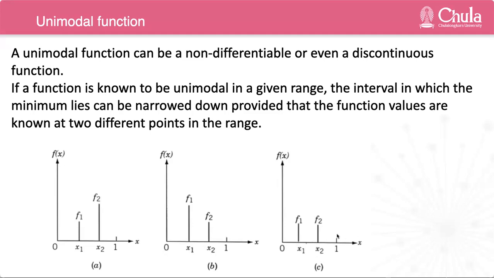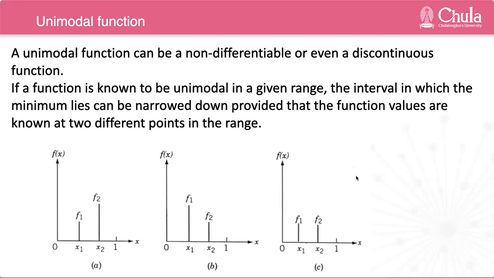From 0 to x1 and x2 to 1, right? Okay, so you see that if we have information that the area of interest is unimodal, you just test two points, and you can eliminate part of the area. You can scope down the area of interest.